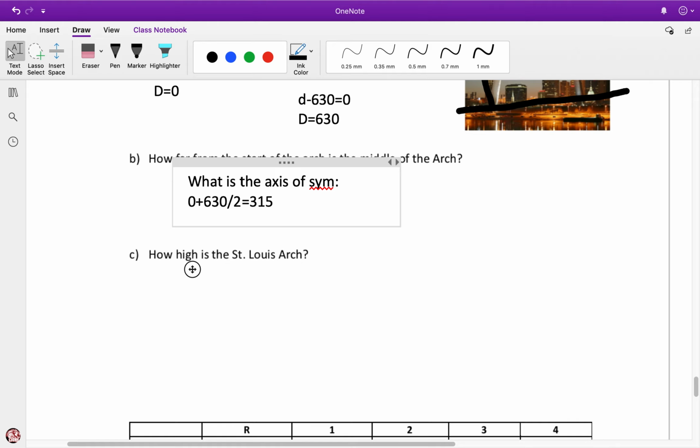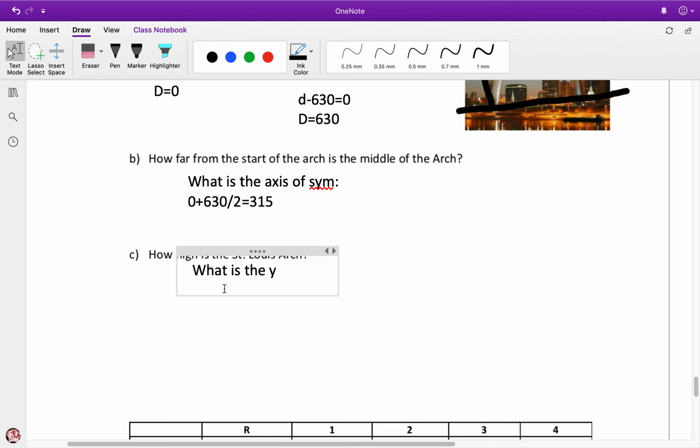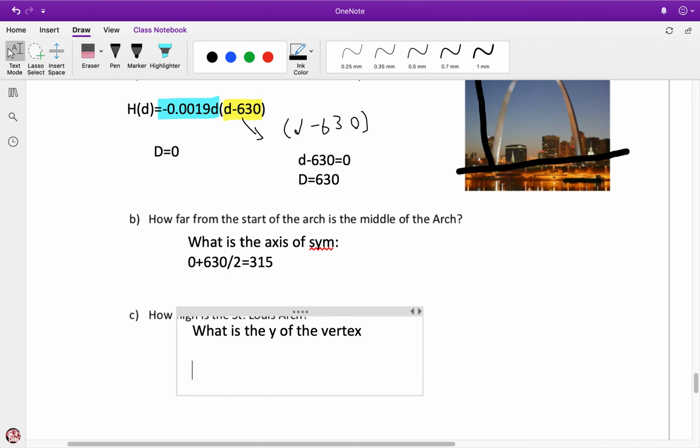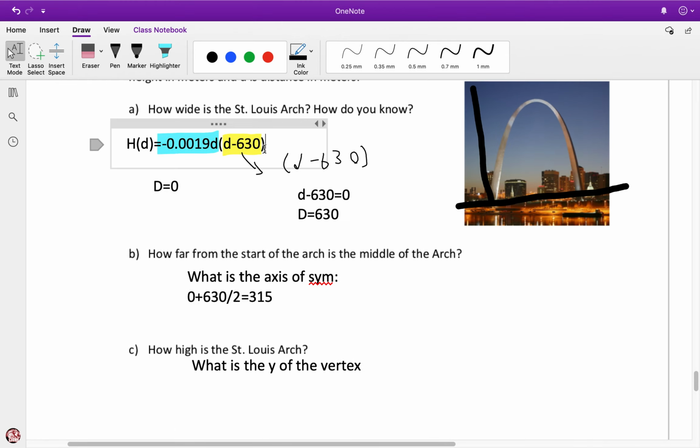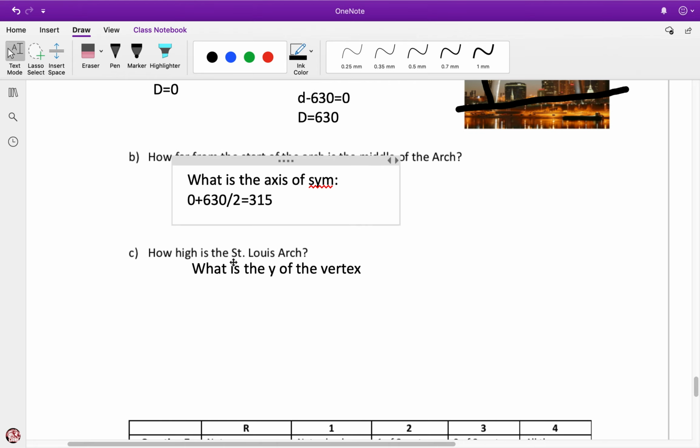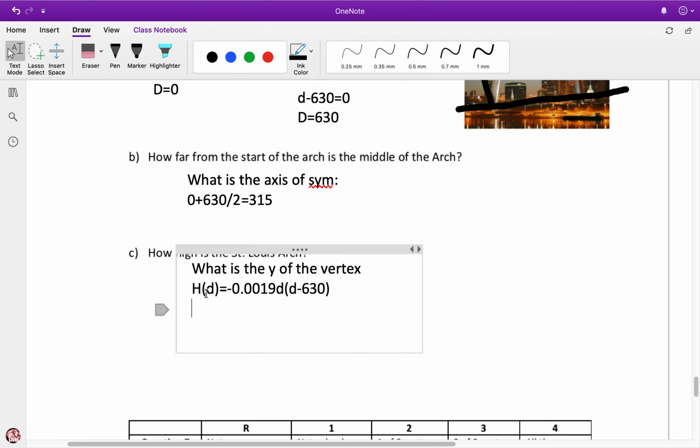Okay, how high is the arch? That's the same as asking what is the y of the vertex. How do we find that? We take the original equation, and we plug in 315.